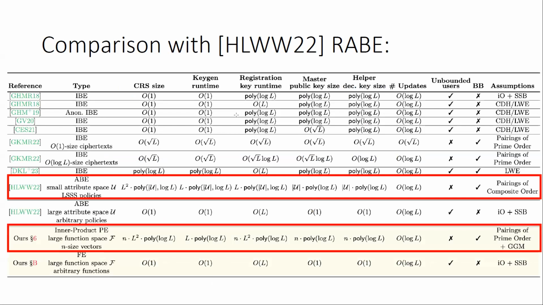We did a comparison with all the registration primitives that we know. For example, you can see here that the size of attributes needed by Hohenberger et al. is the whole universe of attributes, so it only works for small attributes, whereas we just require the size of the vectors for our complexities, and so on.